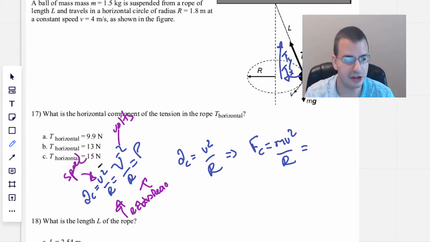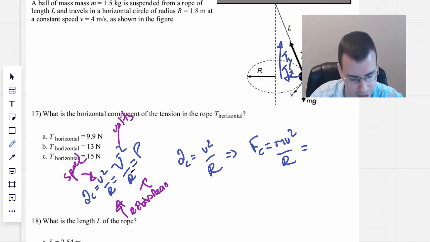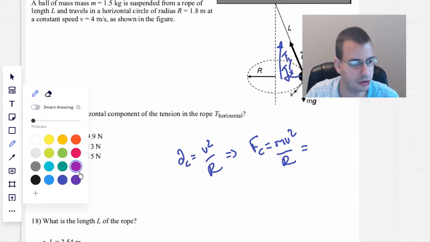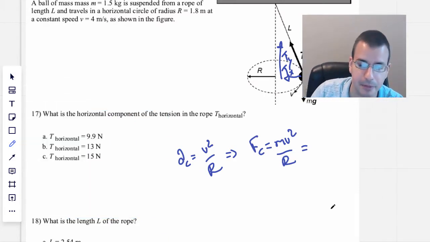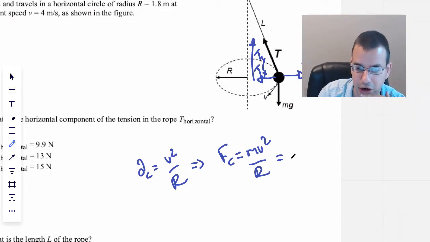Even though the letters are technically the same, it's so absolutely wrong that it helps me remember it. It's funny how you always remember the bad ideas. But that's just my mnemonic in life. You can use whatever you want to memorize that. Centripetal acceleration is v squared over r.